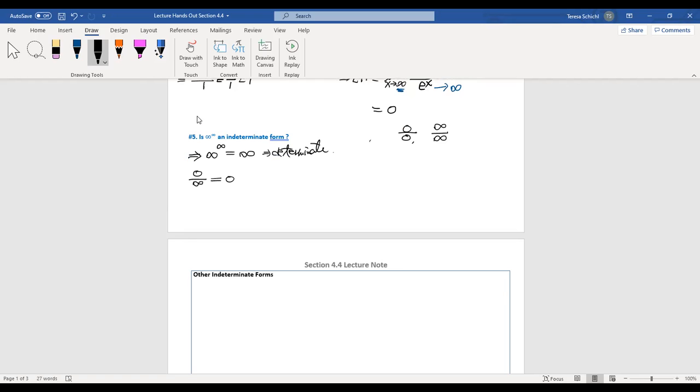So this is determinate, right? Then also in the same way, if I have infinity over 0, this is going to infinity, so this is determinate. Okay, we also have infinity plus infinity. This is determinate.